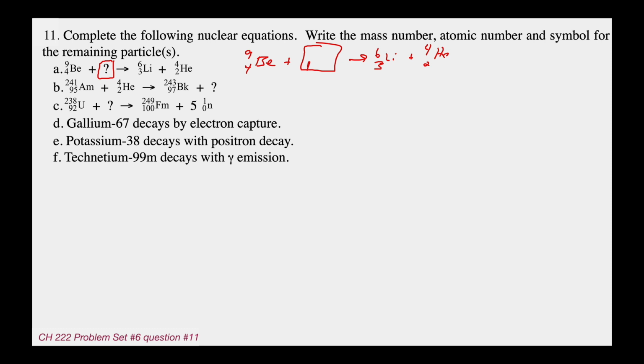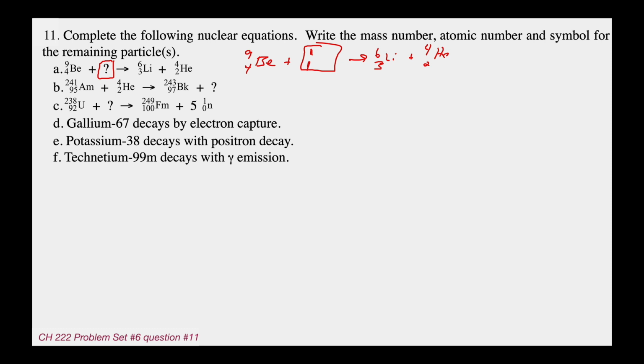All right, you do the same thing for the upper left-hand numbers, the mass numbers. The mass numbers on the left will equal the mass numbers on the right. So 9 plus x equals 6 plus 4. You can see that in this case, the upper number that's missing is also equal to 1.